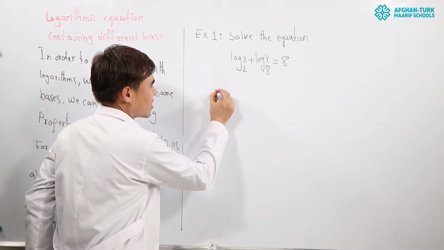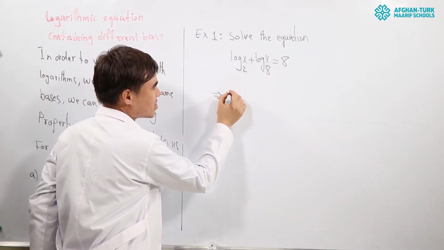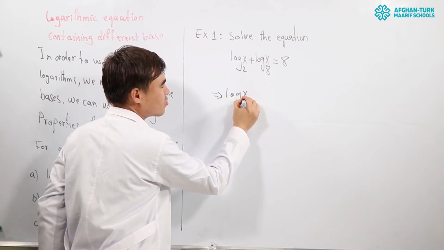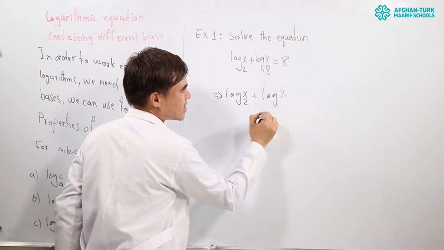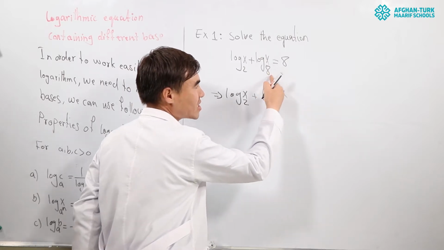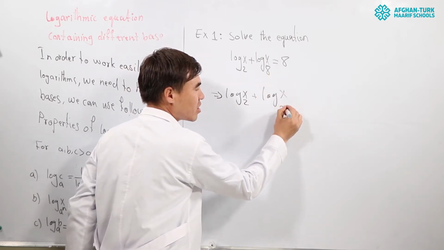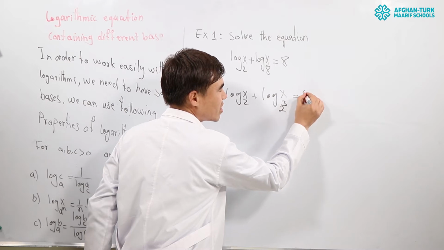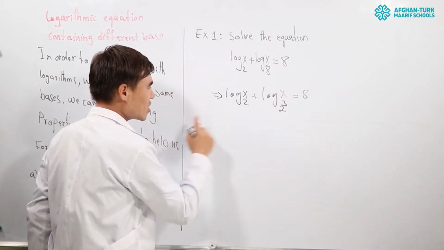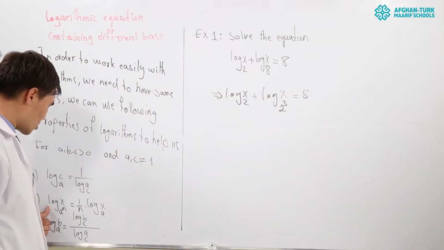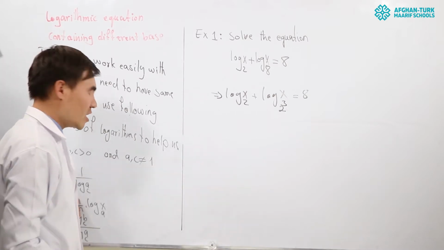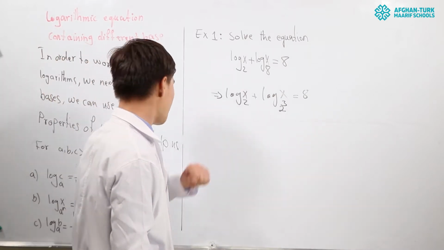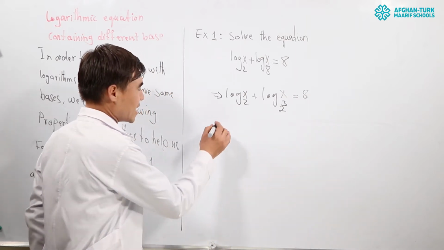If I bring some changes, log of x to base 2 plus log of x to base 8, we can write 2 to the power of 3 instead of 8, because it is equal to the number 8. According to this property, log of x to base a to the power of n can be written as 1 over n times log of x to base a.